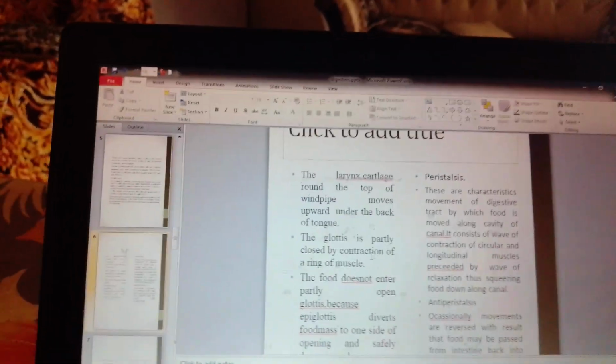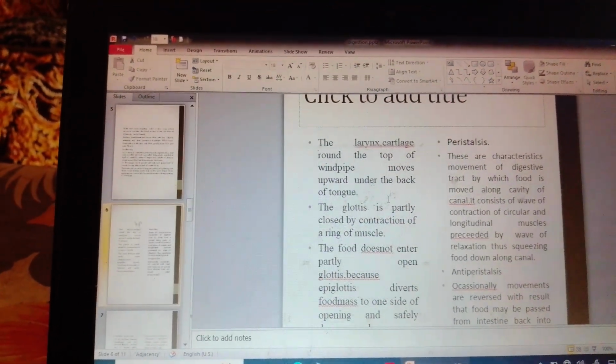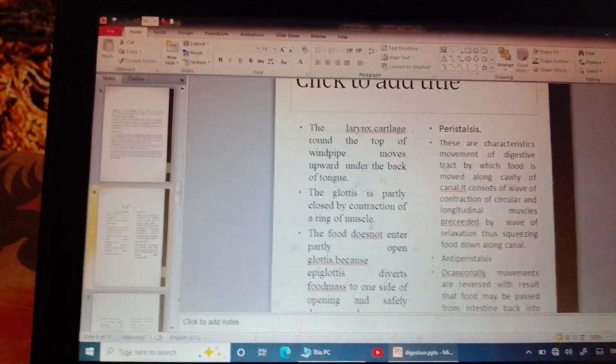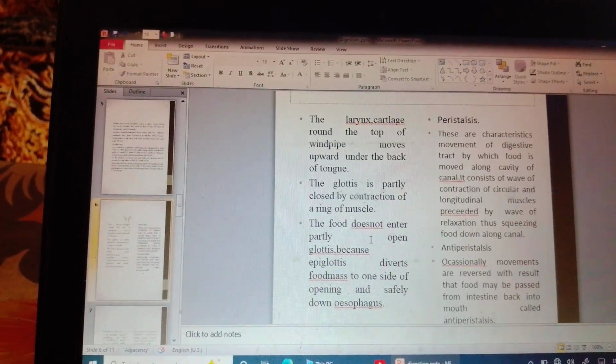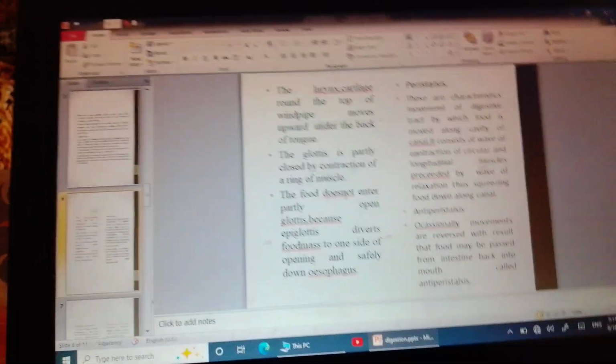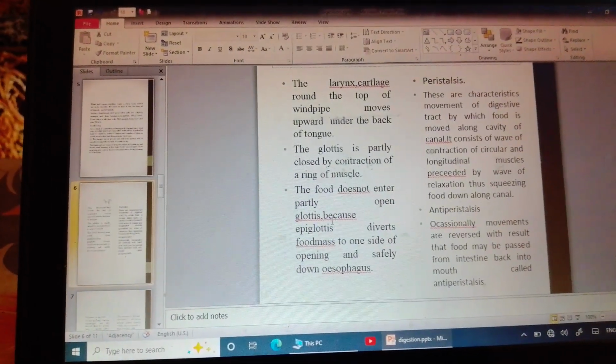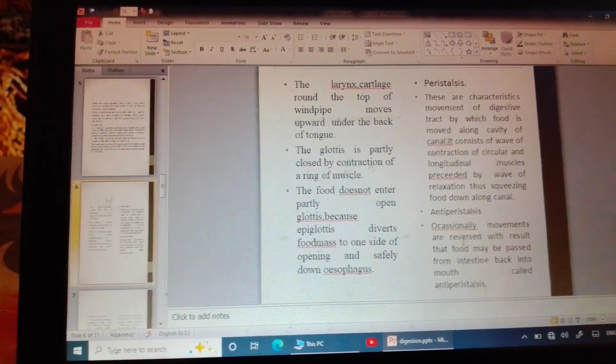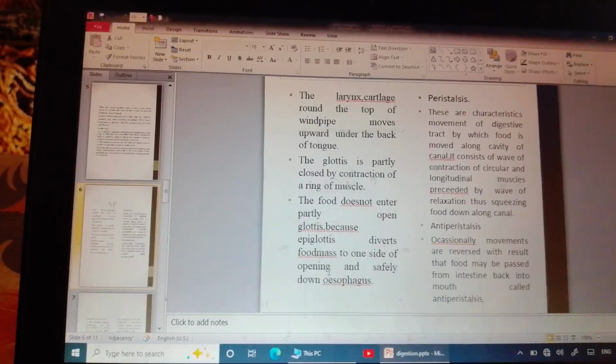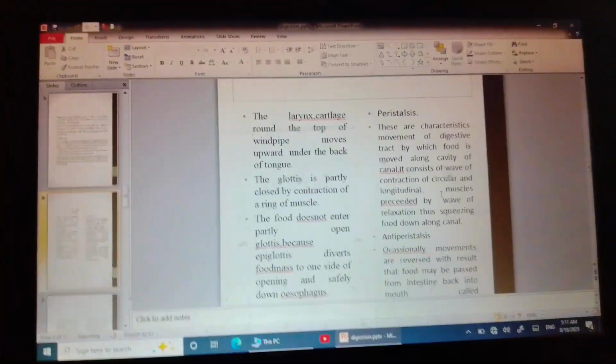The larynx moves up around the top of the windpipe. The glottis is closed by the contraction of a ring of muscles. Food does not enter the glottis because the epiglottis diverts the food to one side so that the food enters the esophagus.